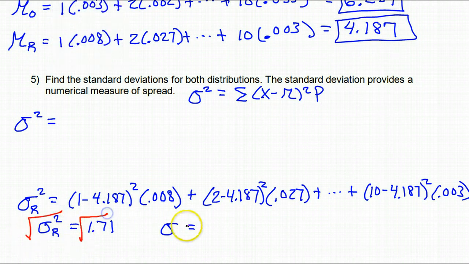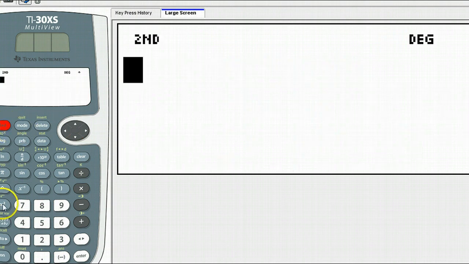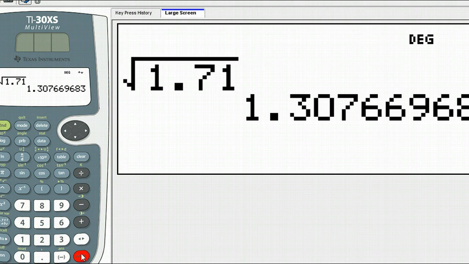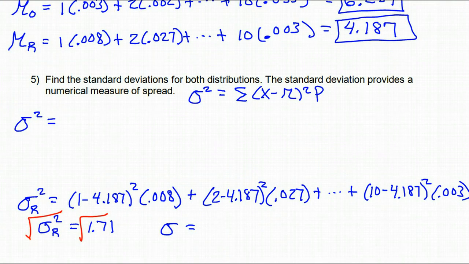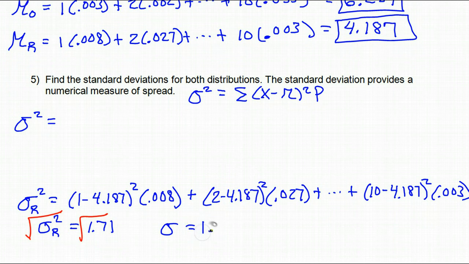So the square root of 1.71 is 1.31. Alright, so that is the standard deviation of the rental units.